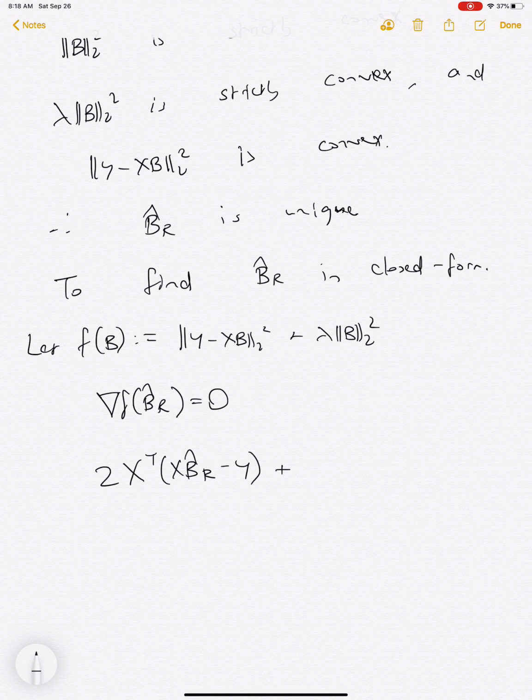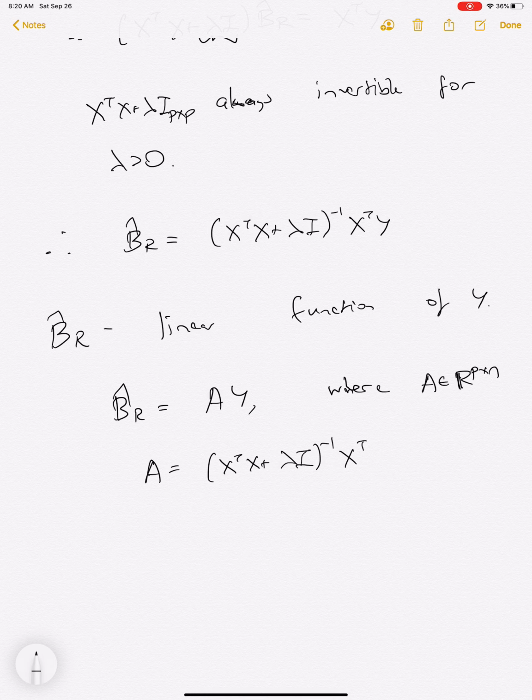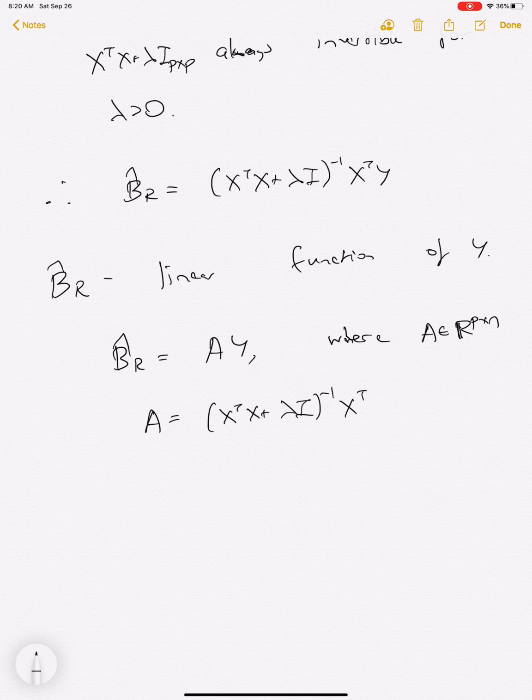So this is like the least squares estimator in that sense, that all we're doing is multiplying by some linear matrix, and that matrix here happens to be X transpose X plus lambda I inverse X transpose. And so this also means that it has a multivariate normal distribution.